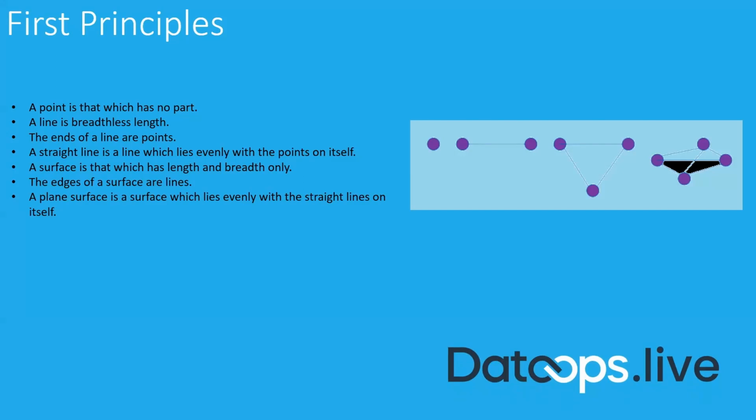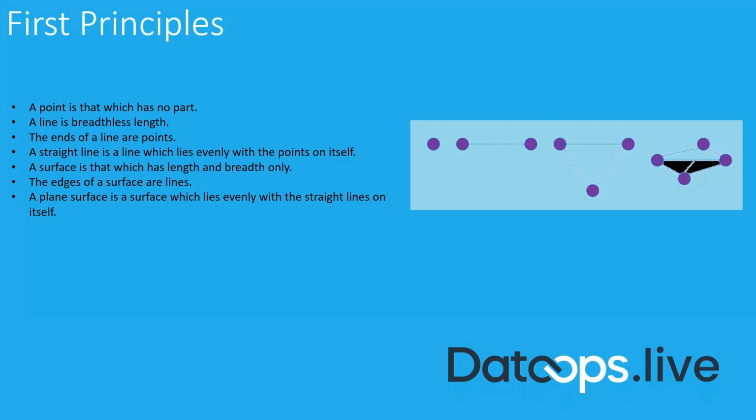All right, so I have to go through a few definitions here, and then we're going to combine all these things and talk about what this means from a Data Vault perspective. When you start from first principles, the question is what principles you're starting from. These points come from Euclid.